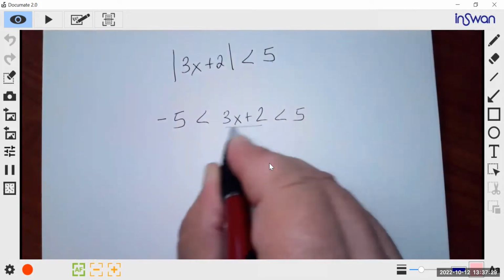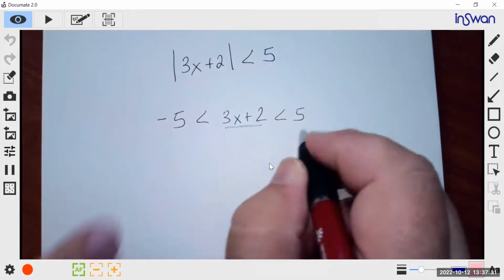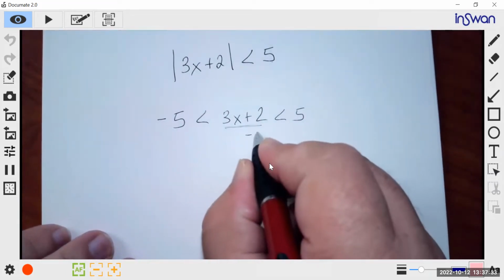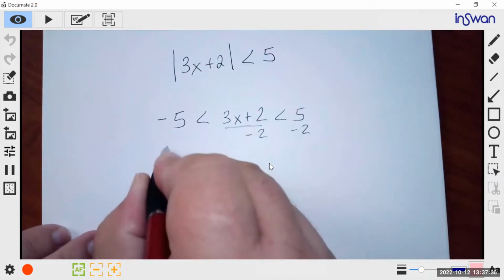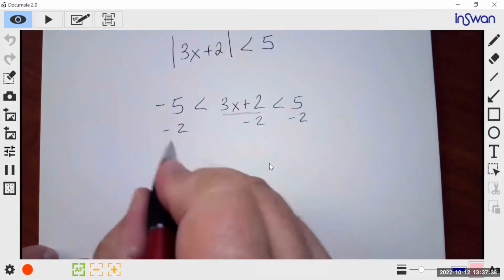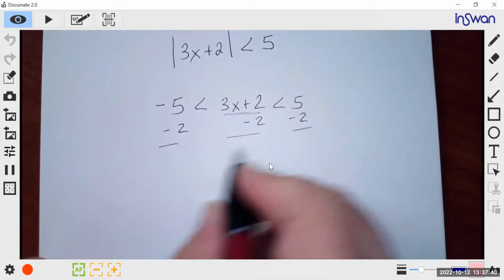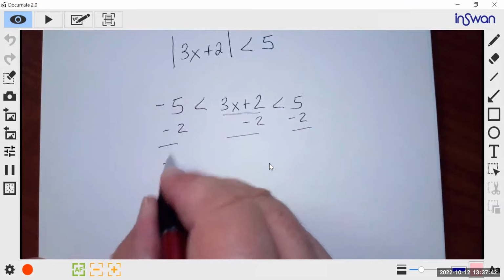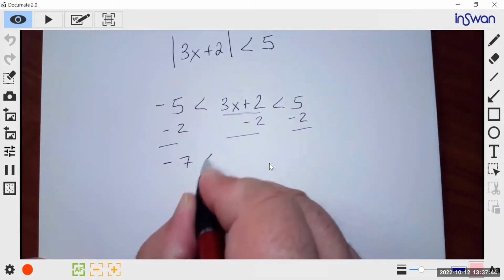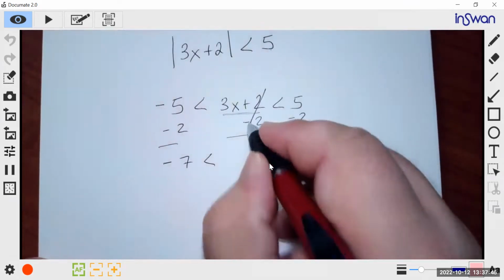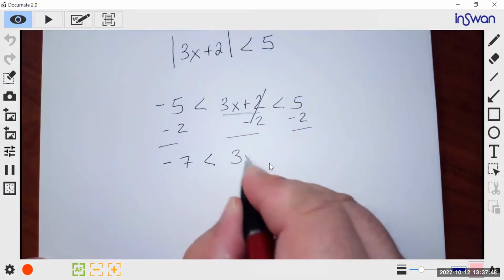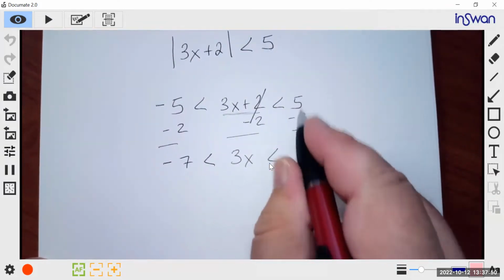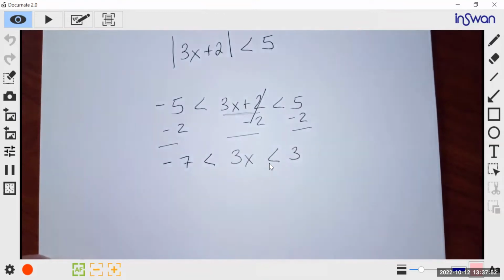Again, now we will only worry about the middle. Whatever we do to the middle, we do to the outer two sides. Subtract 2 from everybody. They're both negative. 5 and 2 is 7. 2's cancel, so we have 3x. 5 minus 2 is 3.